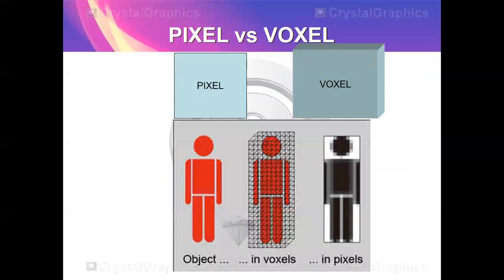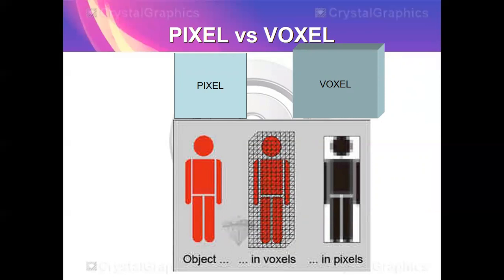So if we're going to compare pixel and voxel, pixel, as I have mentioned, is a two-dimensional representation of the image, while the voxel is a three-dimensional representation of the image. Voxel comes from the words volume element. Pixel is picture element.